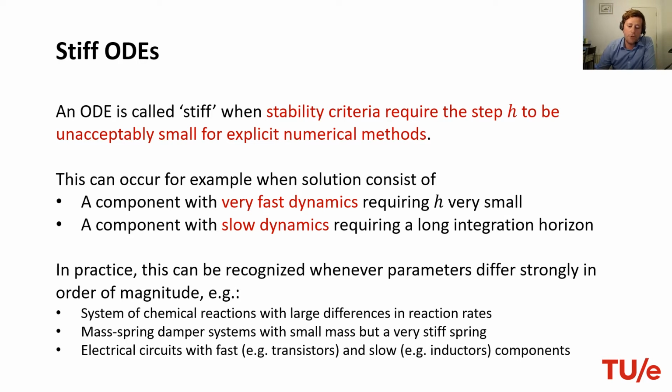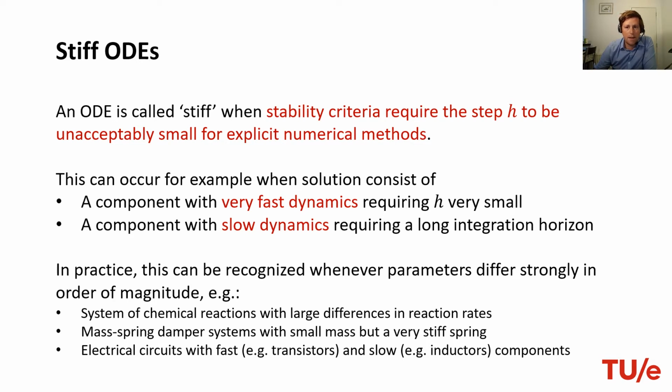Another example is a mass spring damper system, which has a small mass, but a very stiff spring. This is also probably how these ODEs get their name, stiff equations: such a stiff spring with a very large spring constant, compared to a small mass, also causes your equations to be very stiff.